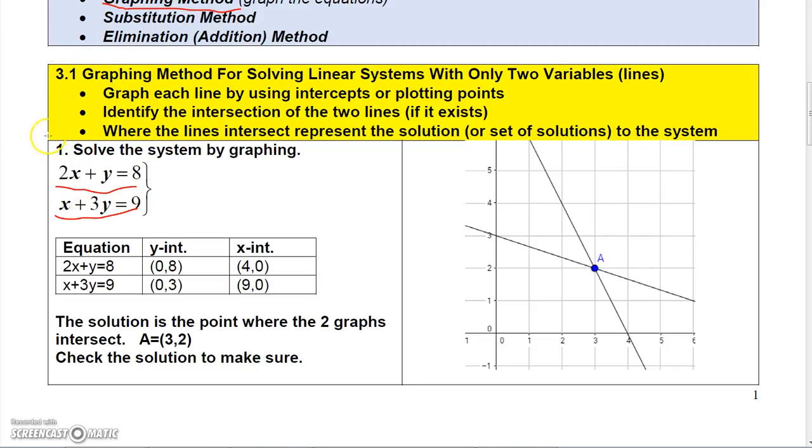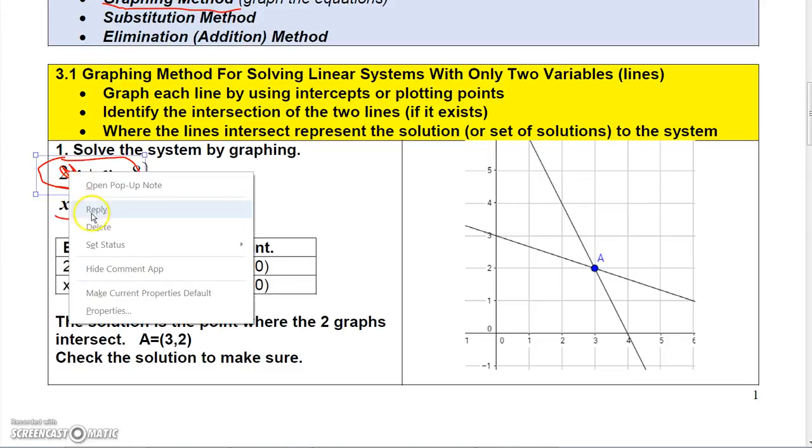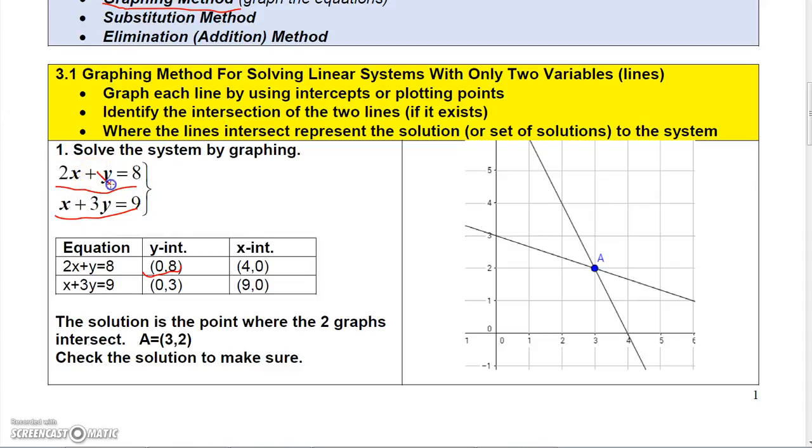So on this system, the easiest way to graph most equations is just to find the intercepts. If you look at this first equation, 2x plus y equals 8, if you let x be 0, you would get y equals 8. That would give you the y-intercept. And then if you let y be 0 and solve for x, 2x is 8, so x would be 4.